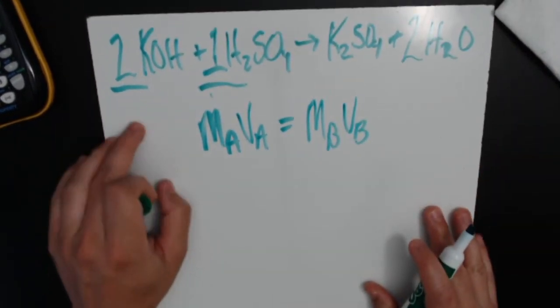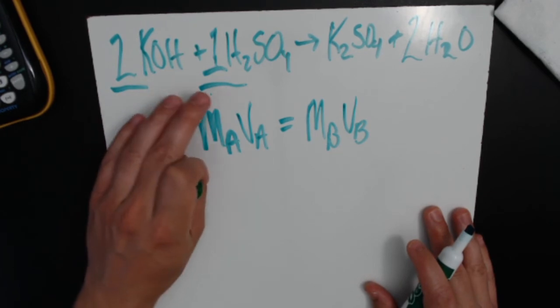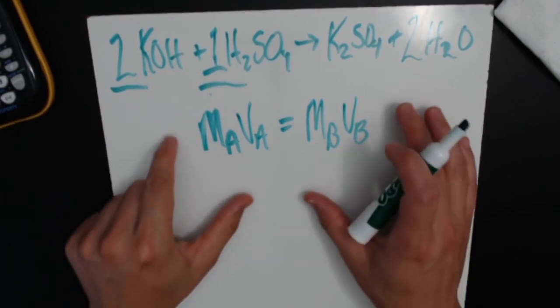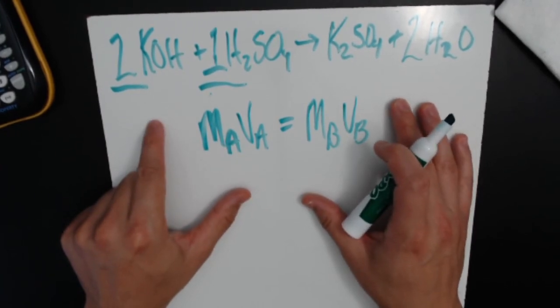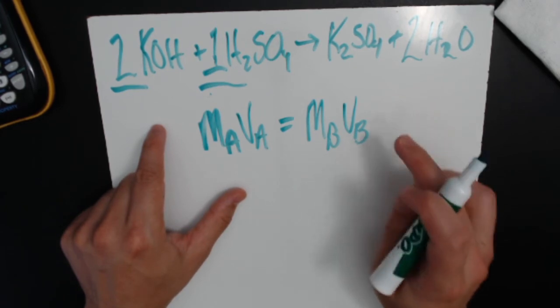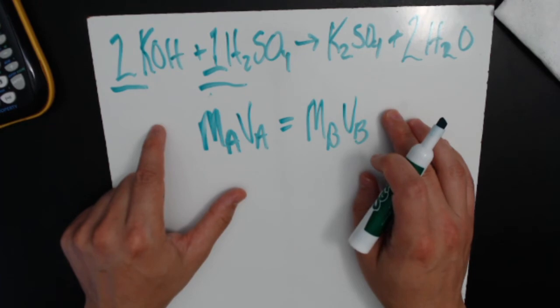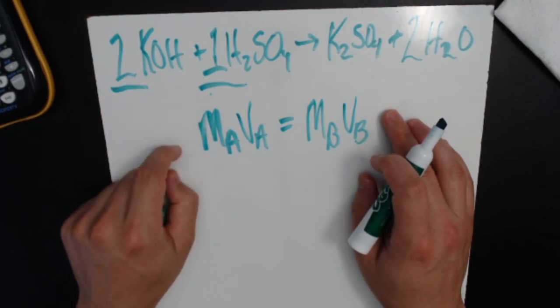Well, we know this is a 2-to-1 ratio. We have to have double the amount of moles of potassium hydroxide than we do acid. So what does that make you think we need to do down here? Think about it. I bet some of y'all have come to the conclusion that we need to double this. You're right. But which side do we double? A lot of y'all want to double this side, because I'm saying you need 2 times as many moles of the base as you do the acid.